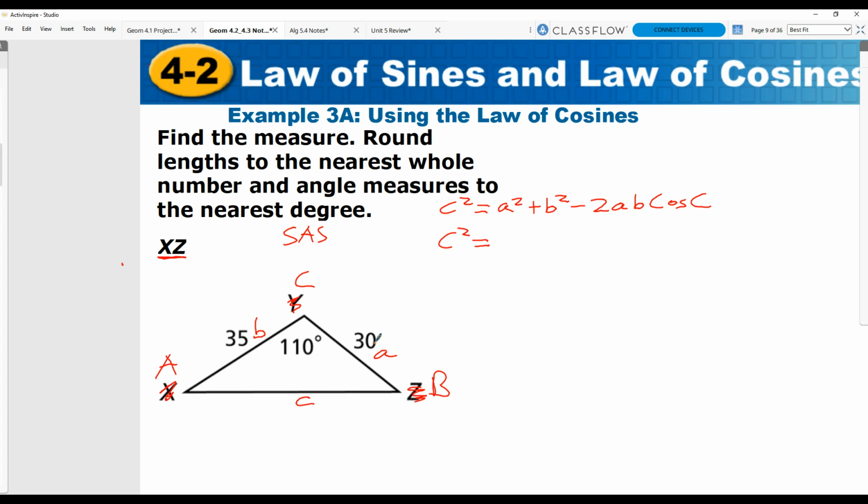My A is 30, so I have 30 squared, plus B, 35, so 35 squared, minus 2 times A, which is 30, times B, which is 35, times cosine C. For angle C, I have 110.